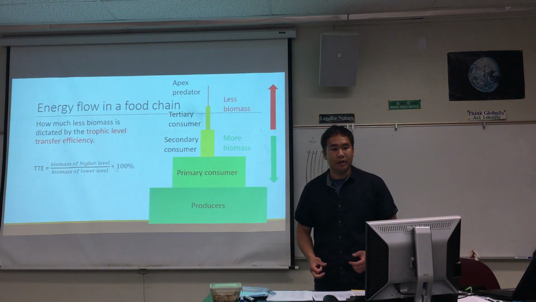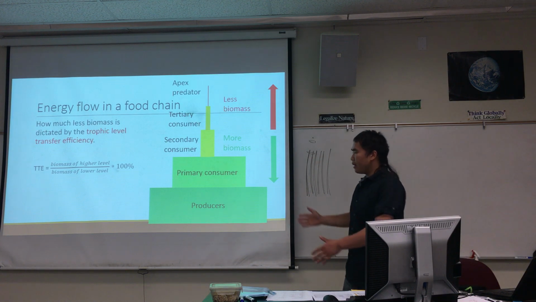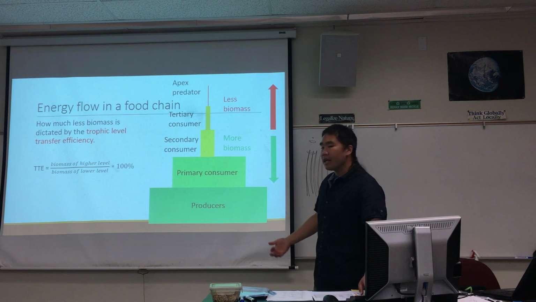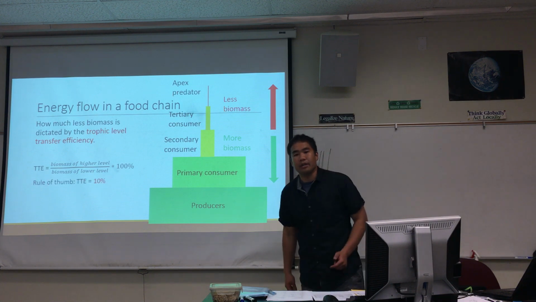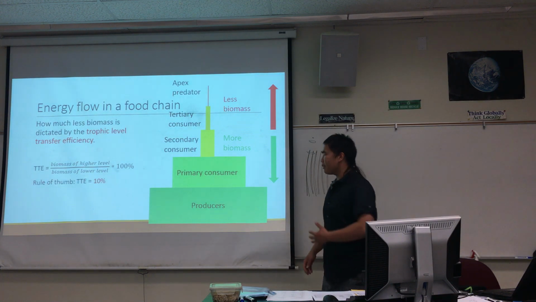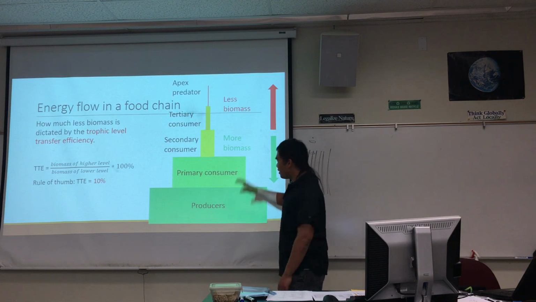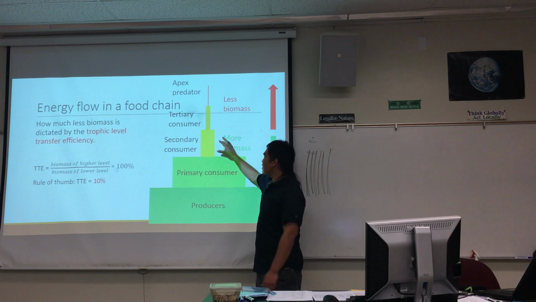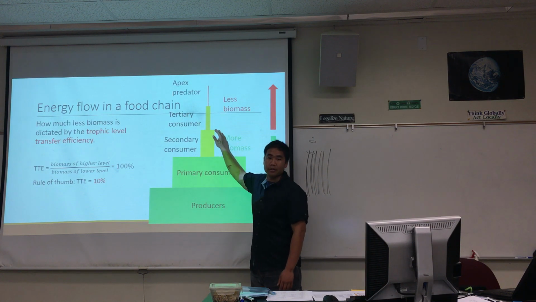Trophic level transfer efficiency comes out to be a percentage. All right, so this could vary across different ecosystems, but the general rule of thumb is that we could say it is equal to 10%. The trophic level transfer efficiency is 10%. The amount of energy in secondary consumers combined, only 10% of that energy makes it into the tertiary consumers.